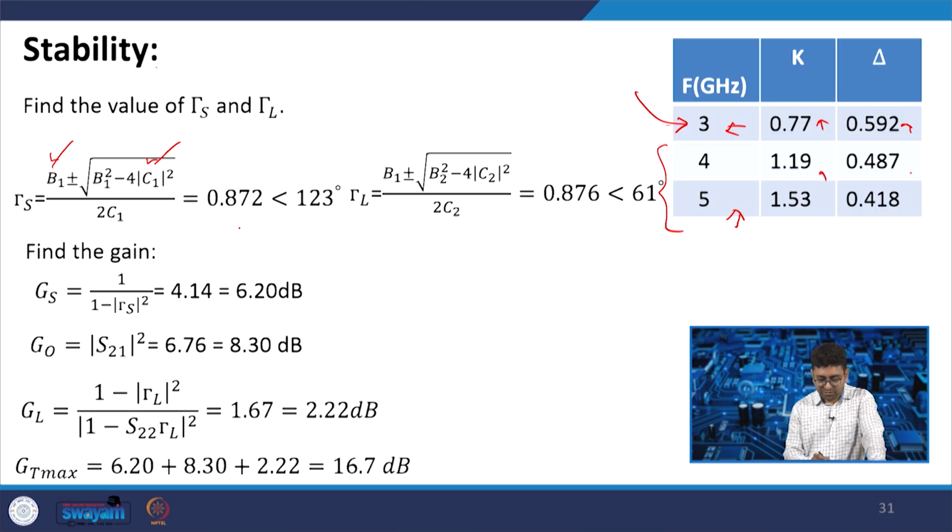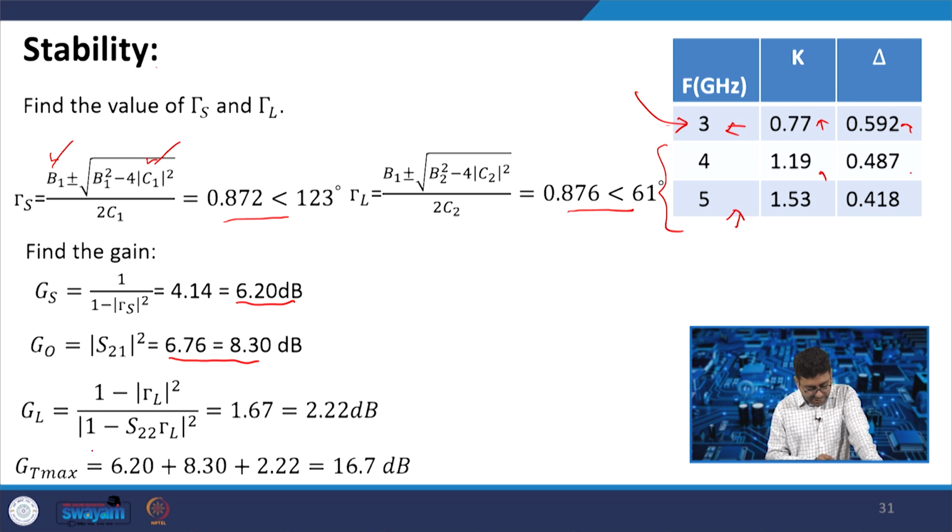Once you have found the values of gamma S and gamma L, you can put them in GS, which is equal to 1 by 1 minus gamma S squared, which is equal to 4.14, that is 6.20 dB. Then there is G naught, equal to S21 squared, that is 6.76, so you will get 8.3 dB.